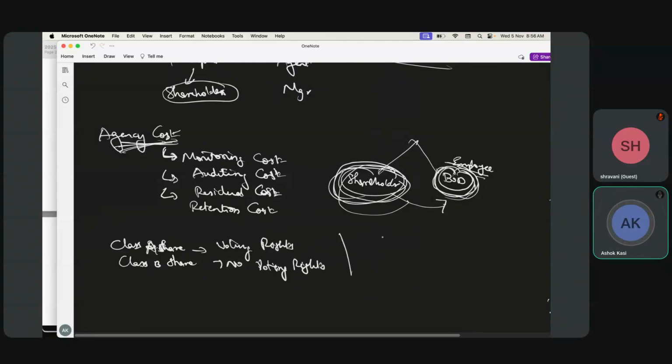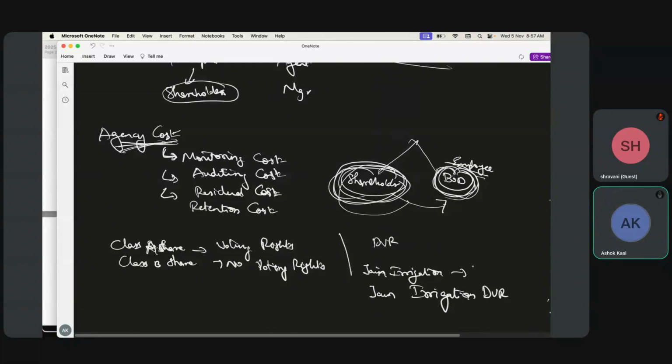In India, we call this DVR, differential voting rights. That means a normal company, let's say Jain Irrigation. Now this is one company. Now there will be another one, Jain Irrigation DVR.